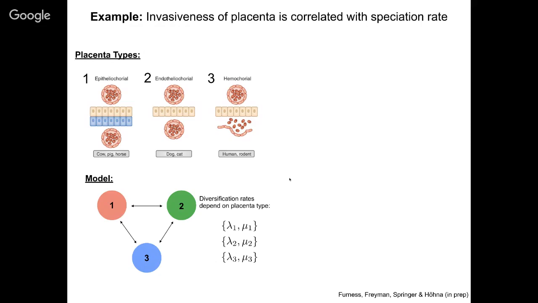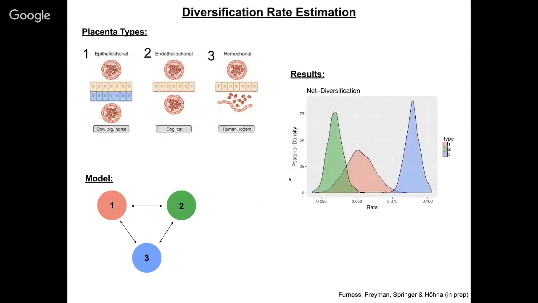So we set up the model with three different states, three different rate categories, and estimated speciation and extinction rates. Here our result shows that the hemichorial type, the third type in blue, has the highest net diversification rate.